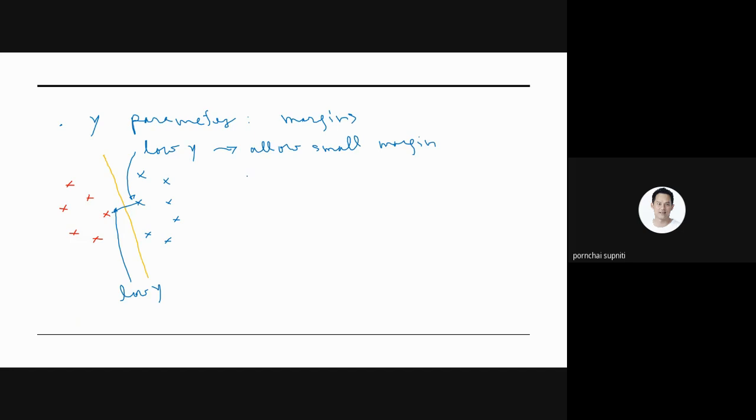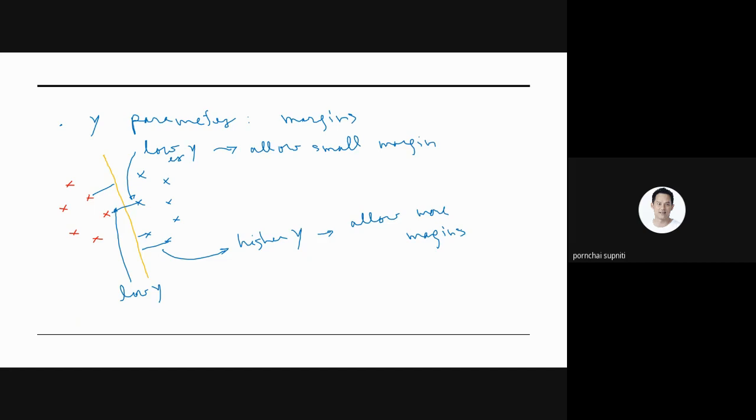But if you allow higher gamma, it means you allow more margins, meaning that you can account for more points. So this is for a higher gamma, and this is lower gamma. So you allow more margins.